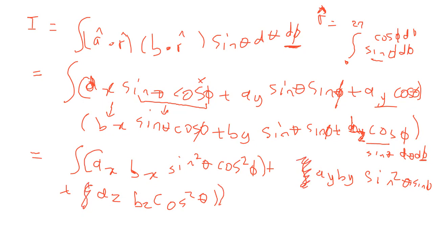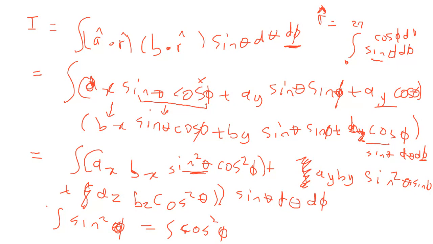But all these things I shouldn't have included this. All the terms are being multiplied. There was this sine theta d theta in the background, and then you make use of the integral of sine squared. So because now you want to integrate out this, let's say the integral of sine squared theta goes to the integral of cos squared phi, because remember that there's still that d phi from 0 to 2 pi.